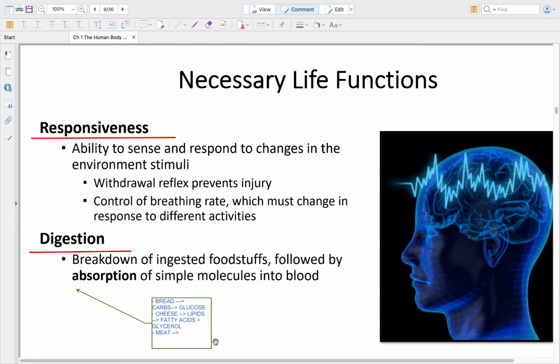Now, meat, we know we get protein from that, and eventually those proteins need to be broken down into amino acids. So your body has this incredible ability to take food, break it down into these simple molecules that we need for survival, like glucose, fatty acids plus glycerol, and amino acids, and then absorb it into your blood. Okay, big job.